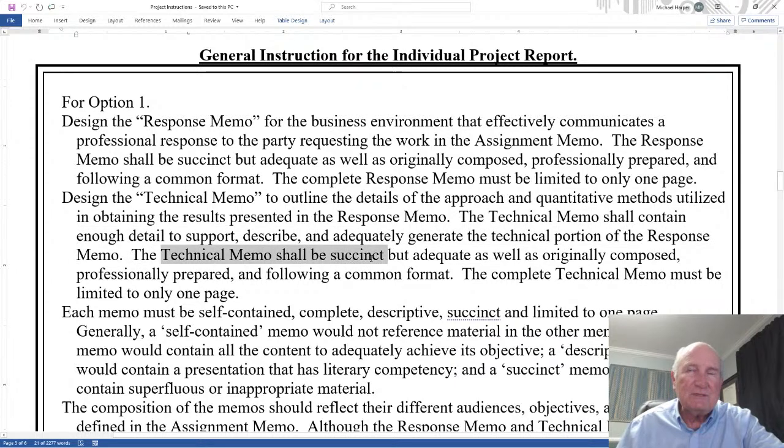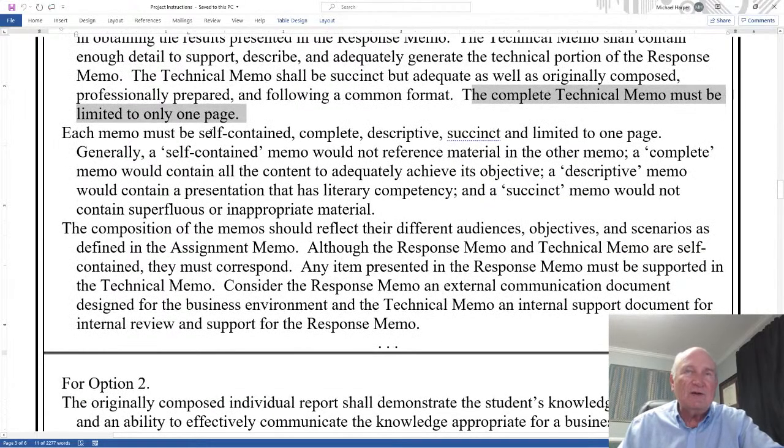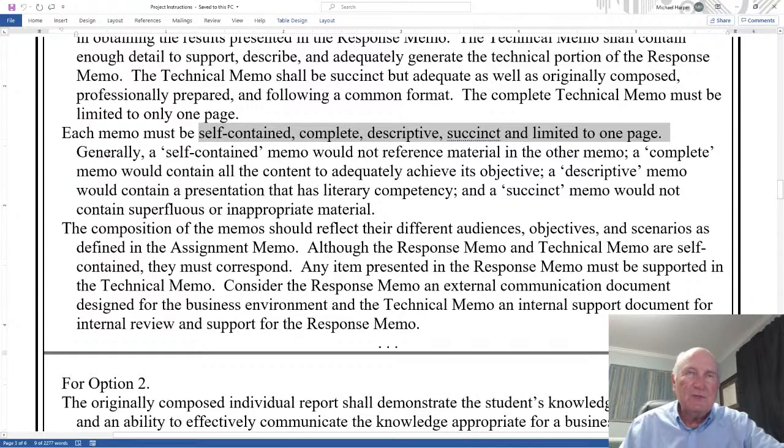The technical memo should be succinct but adequate, as well as originally composed, professionally prepared, and following the common format. The complete technical memo must be limited to 1 page. Each memo must be self-contained, don't refer to something outside, complete, descriptive, succinct, and limited to 1 page.